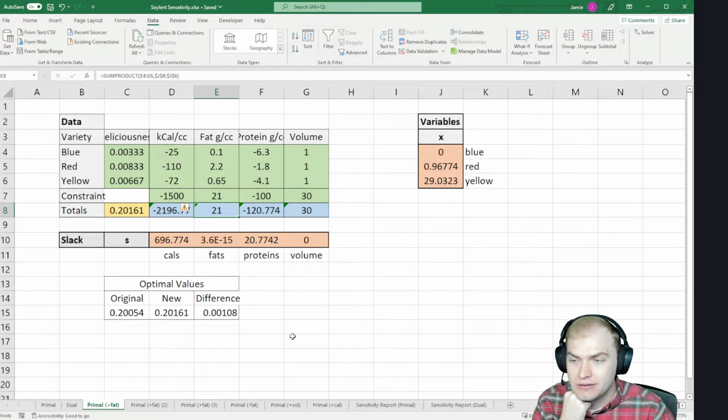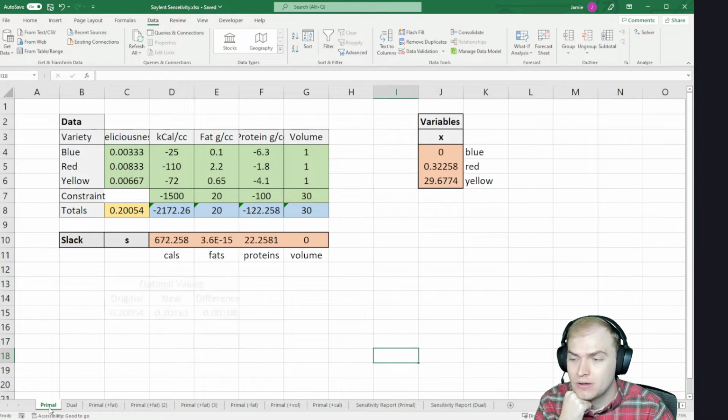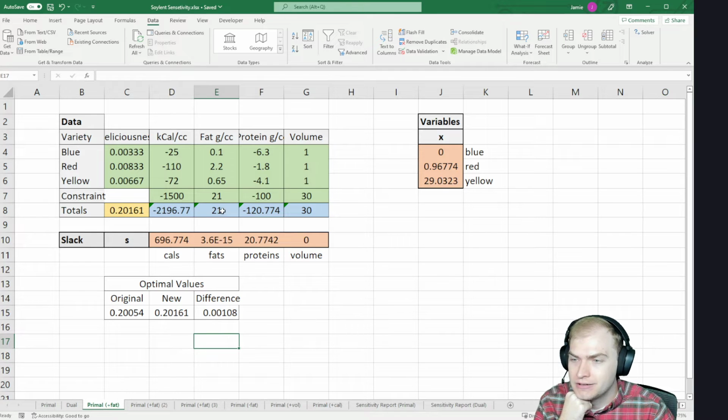And I've solved it again. And I have subtracted the two objective function values. So in the primal here, we have this objective function value. When I add an extra gram of fat to the constraint as an allowance, I get a new objective function value. I subtract them to find this difference.